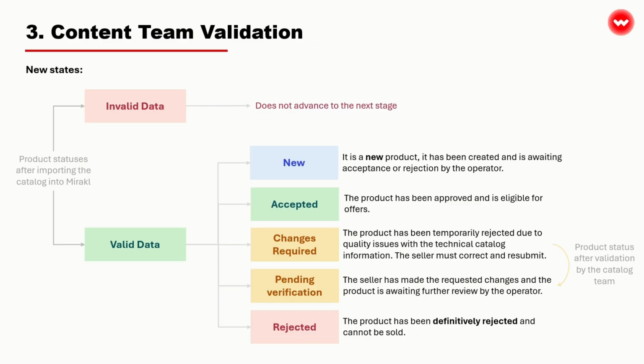The product has been definitively rejected, meaning it cannot be published or sold on the marketplace. These statuses show the full workflow between sellers and the catalog team, making it easier to understand where each product stands and what actions are needed to move forward.